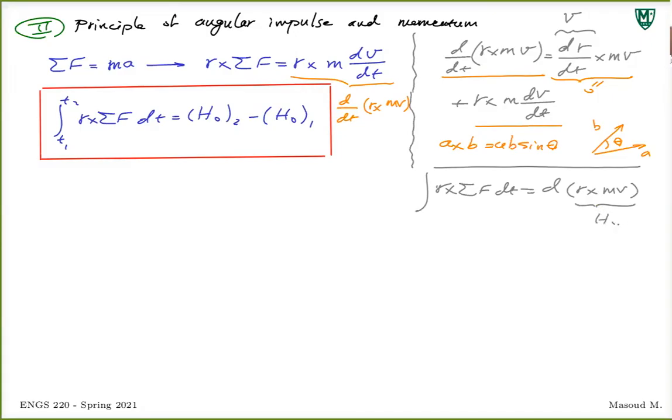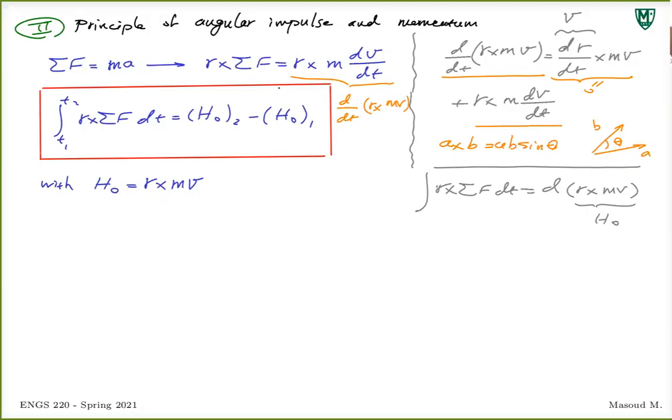We define this as HO, angular momentum. So this becomes the equation we got. The only thing you have to add here is HO, defined as angular momentum, we define it as R cross MV.